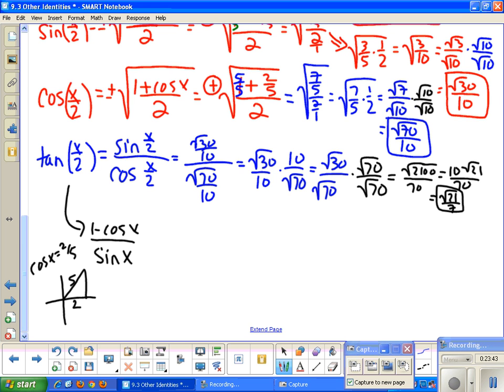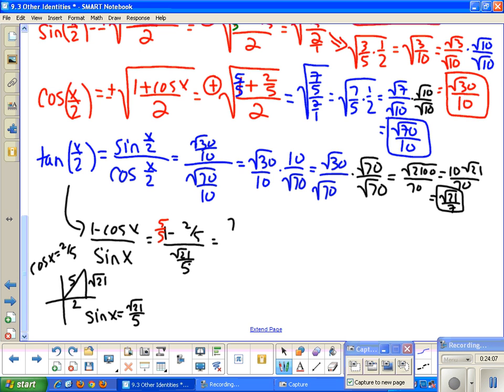So if I want to find sine, I would figure out that this is root 21, so the sine of x would be equal to root 21 over 5, and if I plug that in, I get 1 minus 2/5 over root 21 over 5, and then I would get a common denominator in my numerator, so this would be 5 over 5.